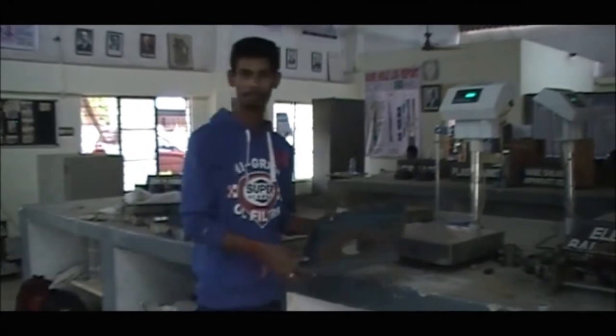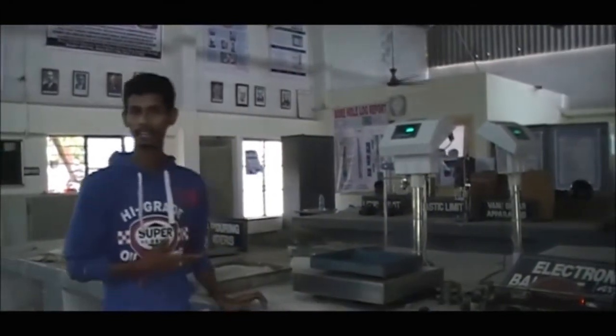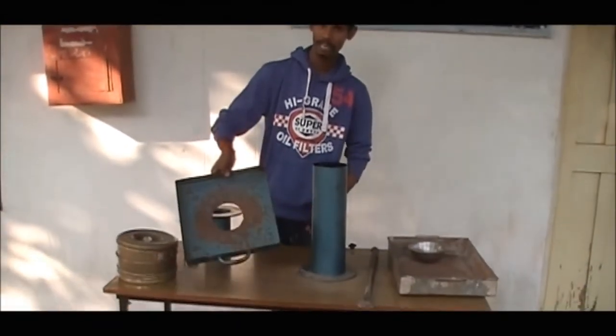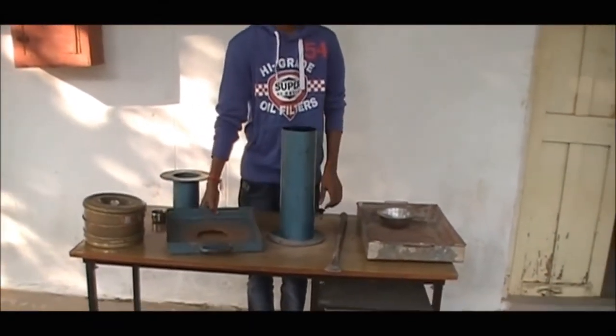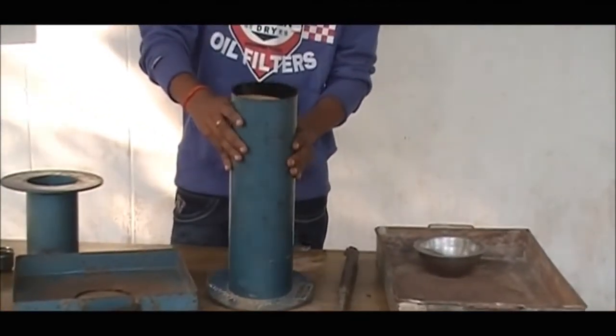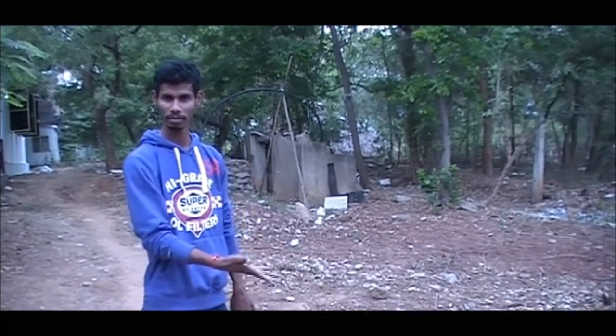Now weigh the metallic tray. Its weight is 1339 grams. Now it's time to go to the field. Collect the equipment: metallic tray with circular hole, sand pouring cylinder, and a digging bar. Hello guys, now we are in the field.